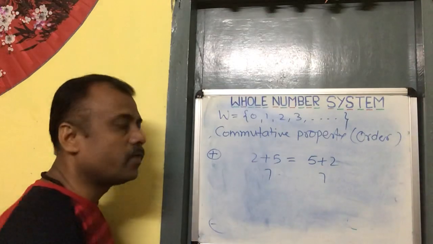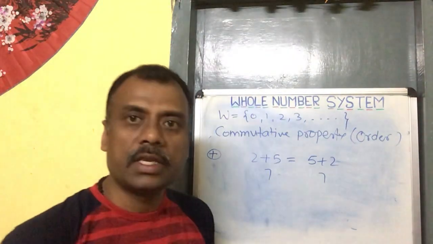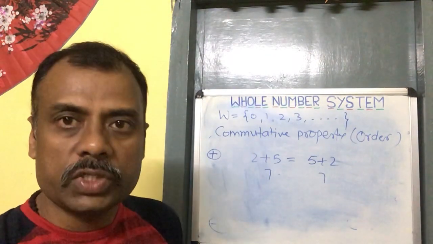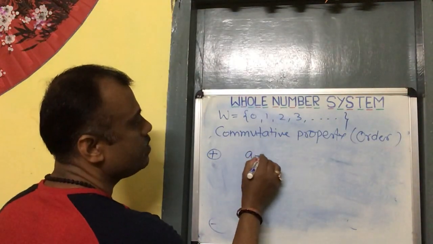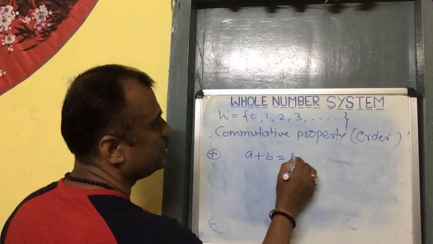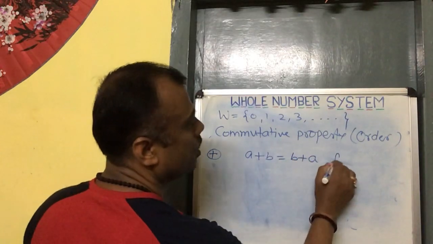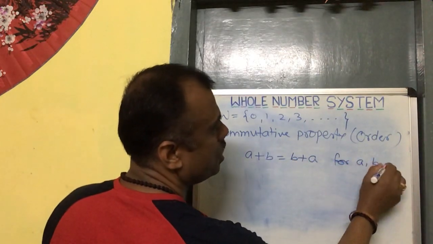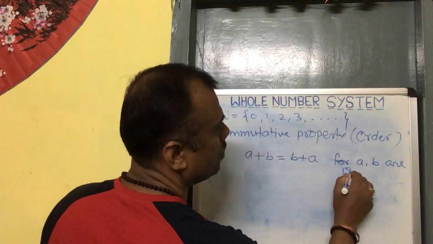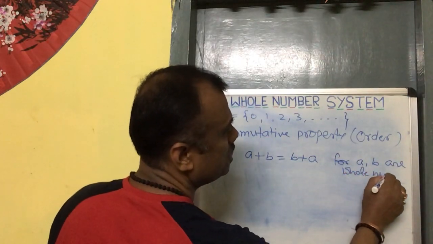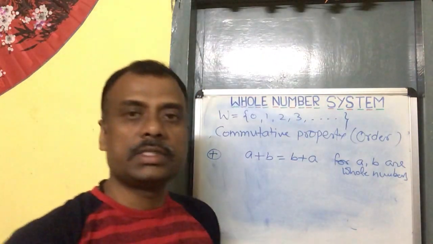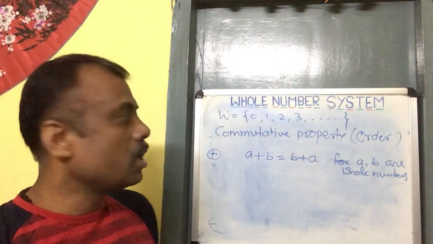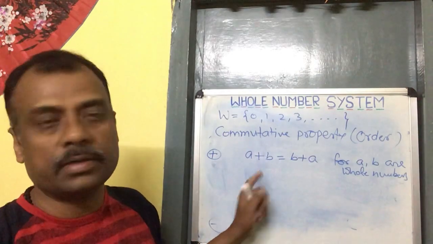So for any two whole numbers, if you check this property, it is true. So we can write A plus B equals B plus A for A, B whole numbers. So you can say the whole number system is commutative under addition.